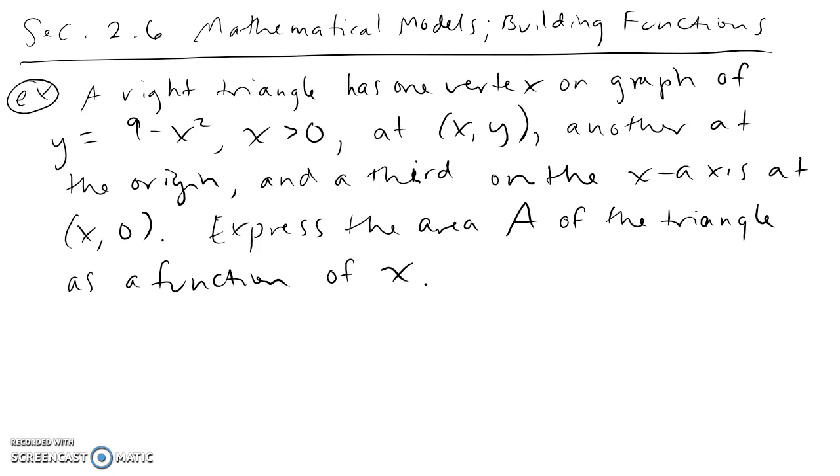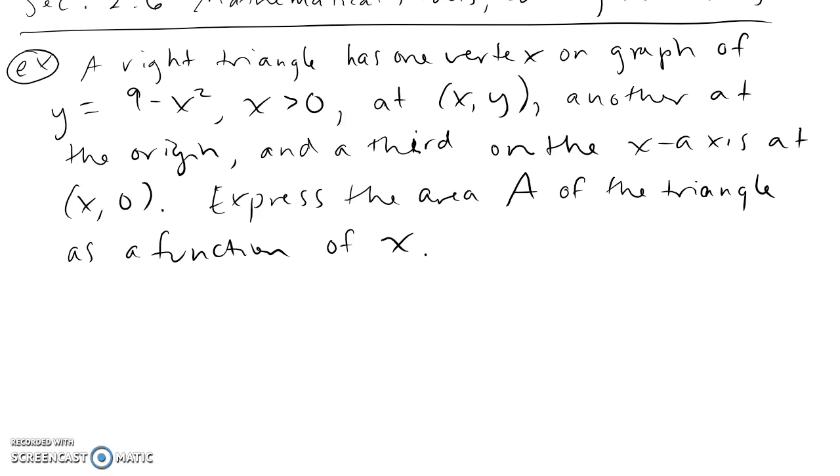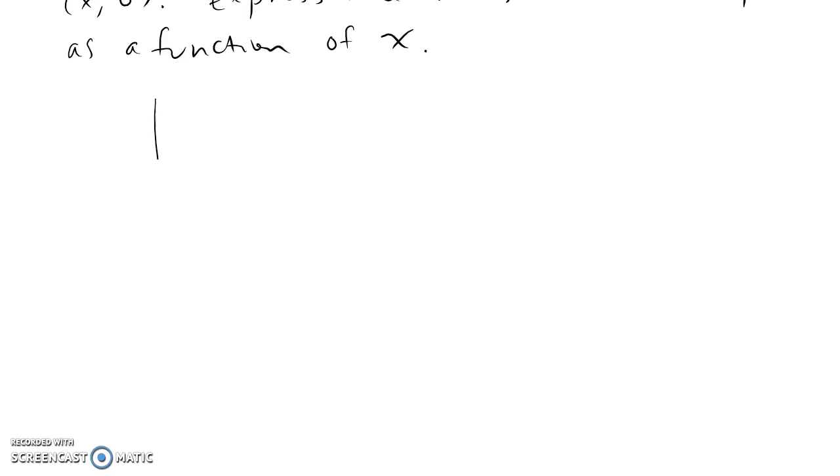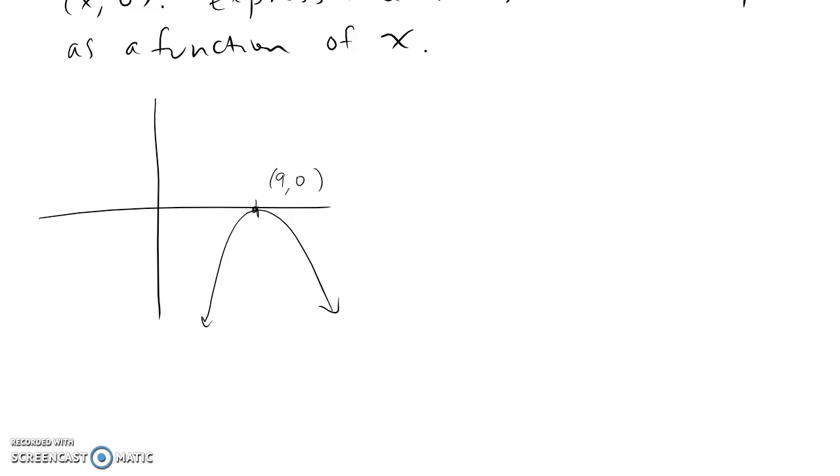Okay? In order to start, we're going to draw a picture of this. The graph of 9 minus x squared is a parabola with its vertex at 0, 9, and it's been flipped over the x-axis.